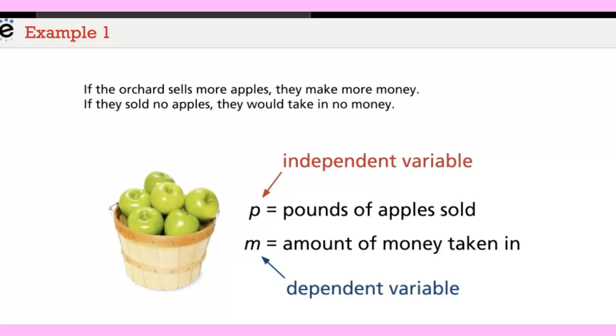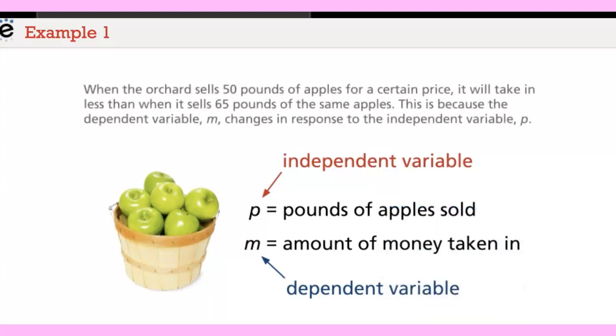If they sold no apples, they would take in no money. When the orchard sells 50 pounds of apples for a certain price, it will take in less than when it sells 65 pounds of the same apples. This is because the dependent variable, M, changes in response to the independent variable, P.